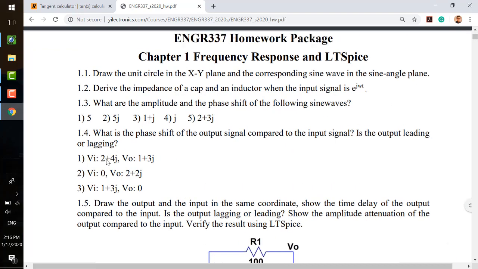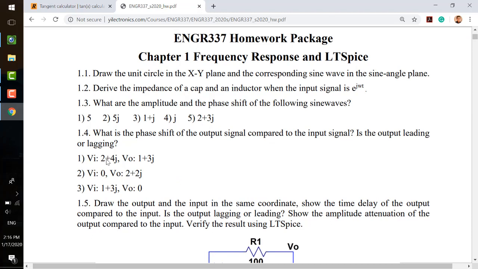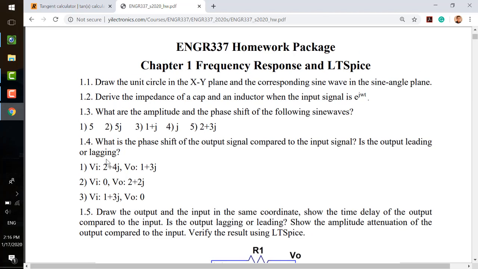Draw the unit circle in the XY plane and the corresponding sine wave in the sine wave angle plane. Easy. Derive the impedance of the capacitor and inductor when the input signal is e^(j omega t). So it can be a voltage signal for the capacitor, and it's going to be a current signal for the inductor, and I have exactly the solution in the notes.